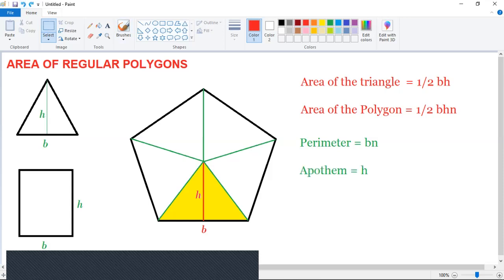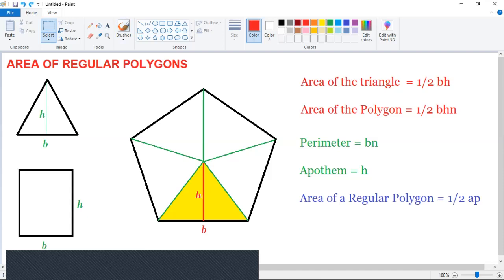A polygon has an apothem. An apothem is called h here, the height of the triangle. But if we don't consider the triangle, this line here, which is from the center down to the opposite side and makes a perpendicular, is called the apothem. So with all these variables, the area of the regular polygon can be written as half apothem times the perimeter, which is based on the area of the triangle formula.